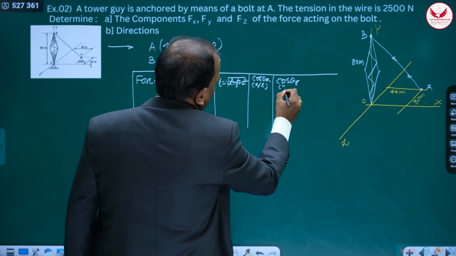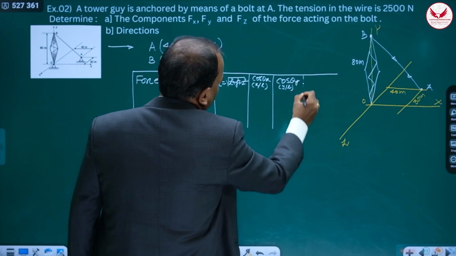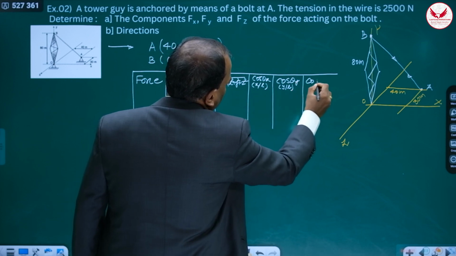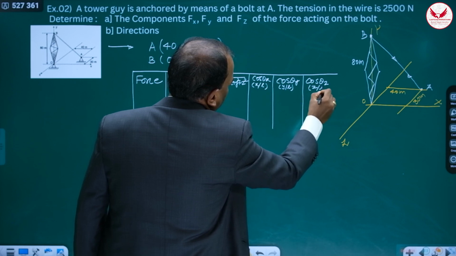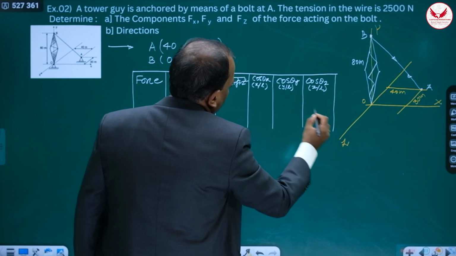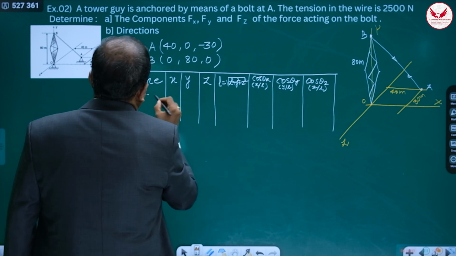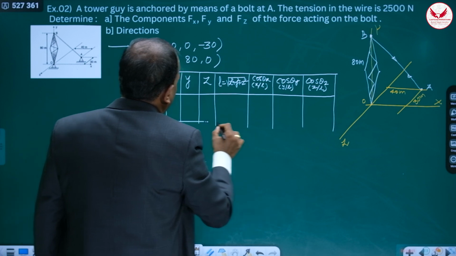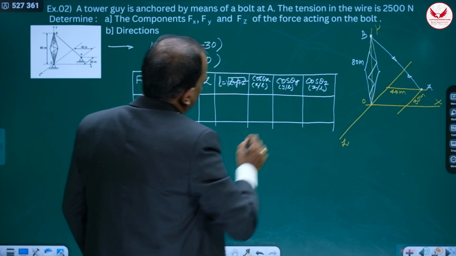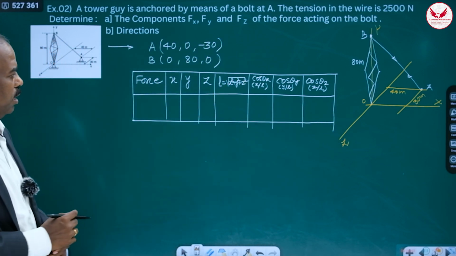So it is Y by L. And the last column is cos theta Z, so it is going to be Z by L. In this example, there is only a single force. If it is a single force, then only one row is more than enough.